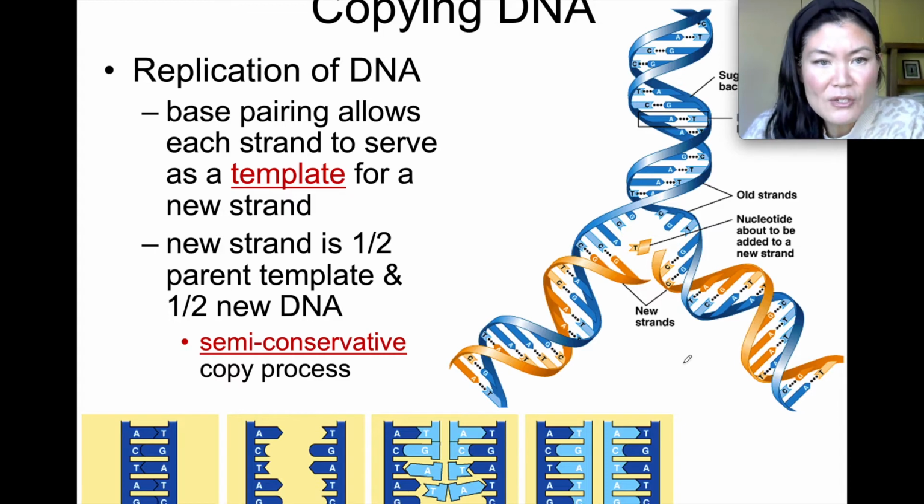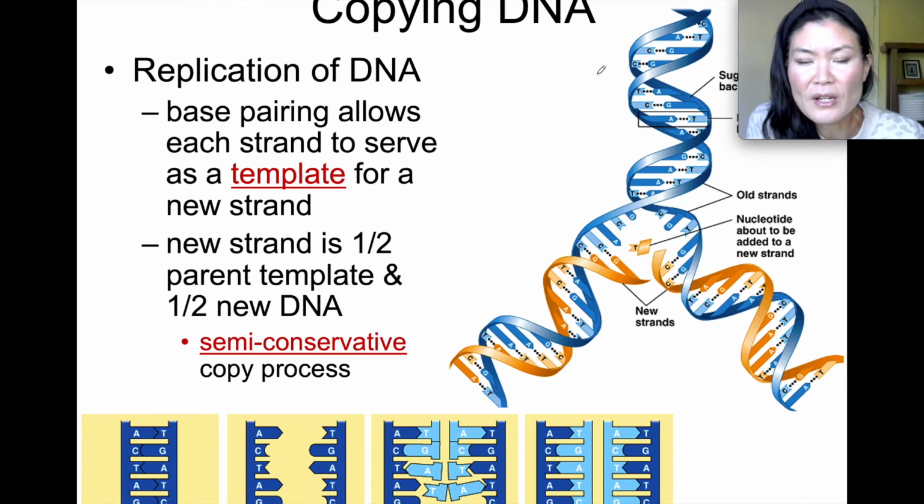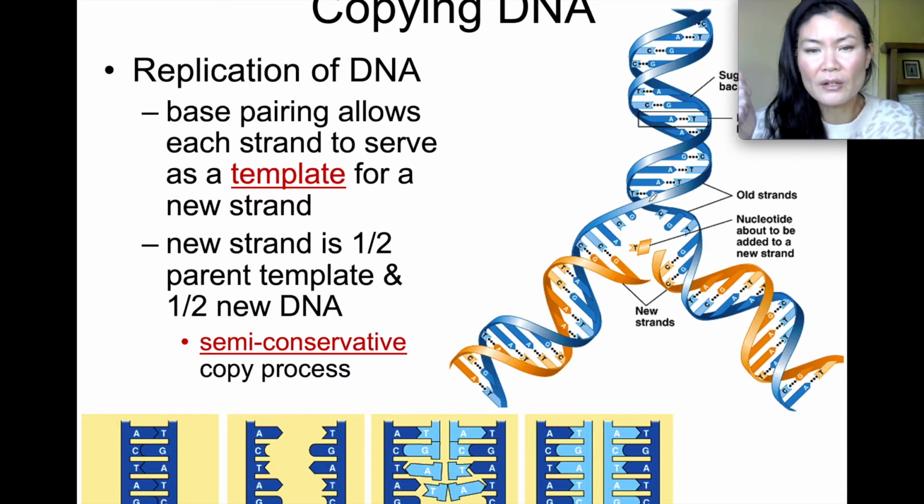So that brings us to copying DNA. How does DNA replicate or copy itself during the S phase of the cell cycle? Well, Watson and Crick proposed that since the hydrogen bonds are holding the 2 strands together very weakly, perhaps the 2 strands can pull apart, and then each one can act as a template to make a complementary strand.